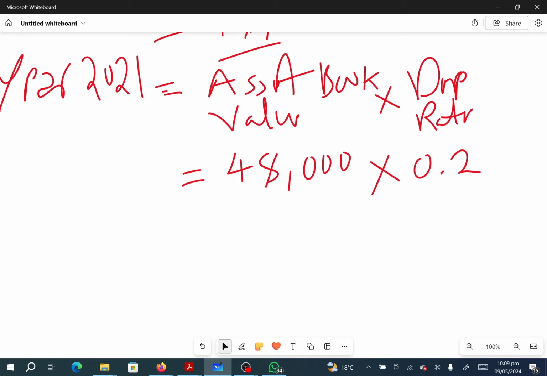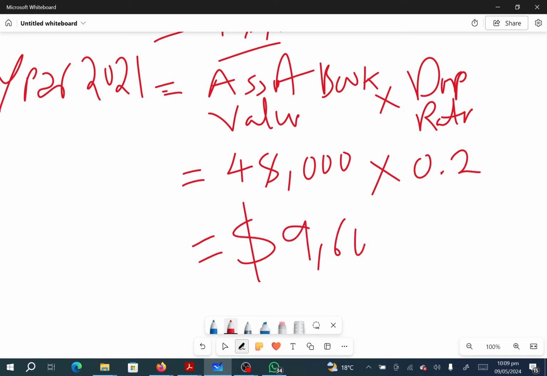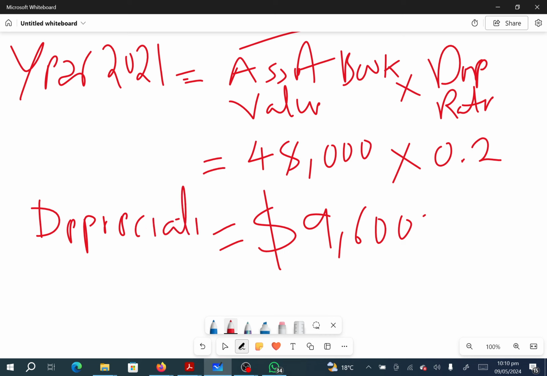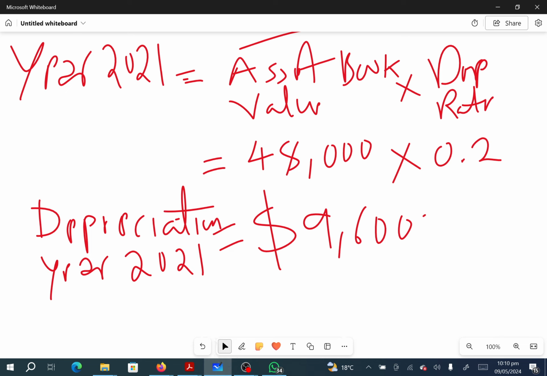Then you get 9,600 as your depreciation for year 2021.